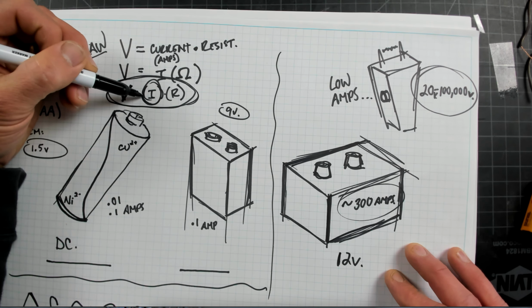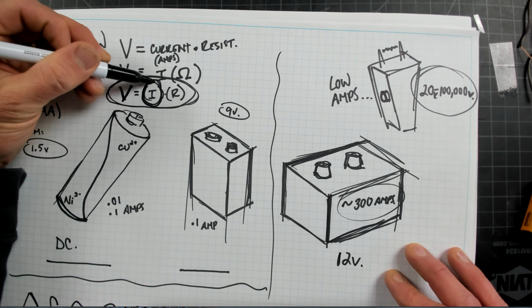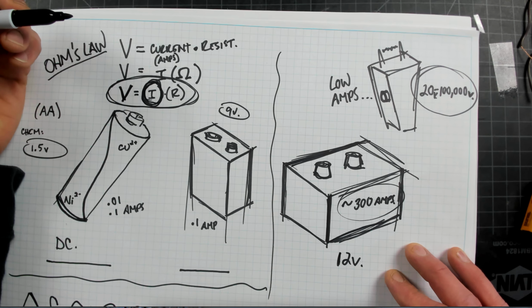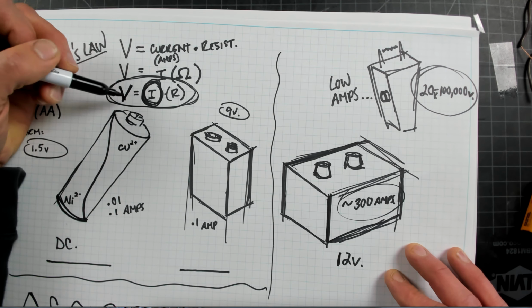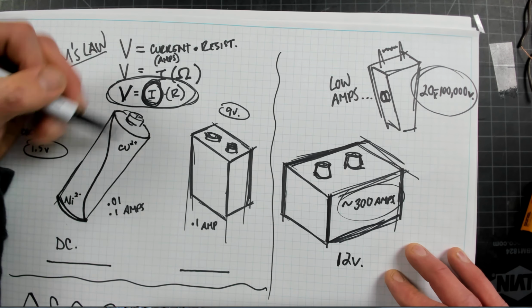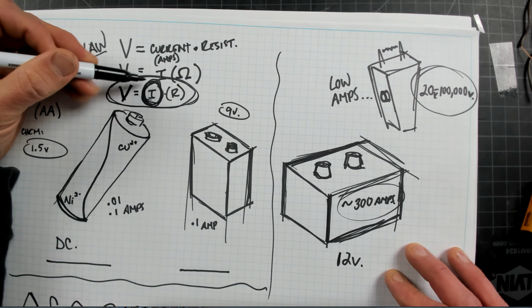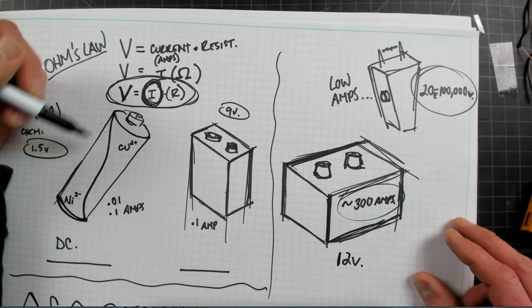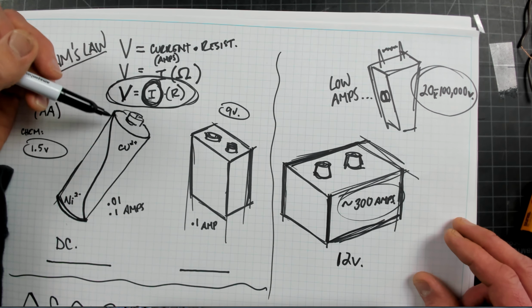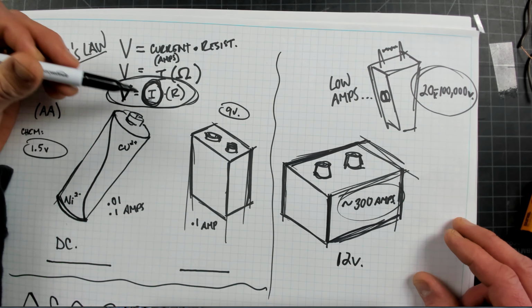We know that current, we consider that to be maybe how fast that voltage is moving through the circuit. When there's a lot of current, it's moving, how fast is it pushing the voltage through? Super high current pushing through voltage is very dangerous.